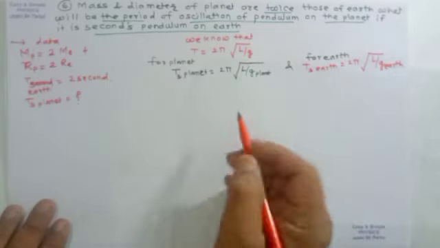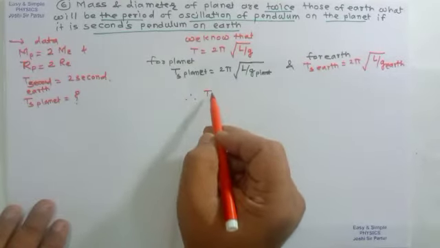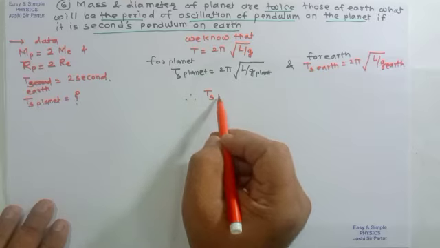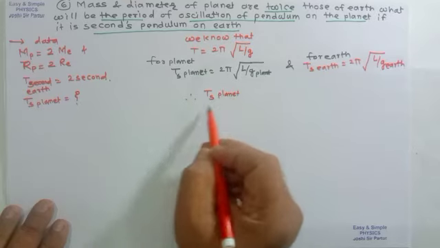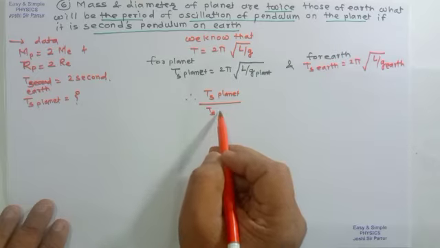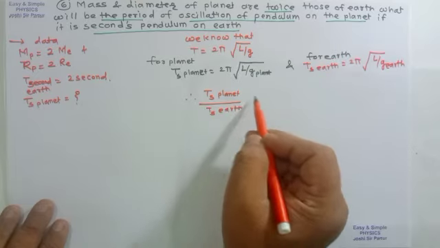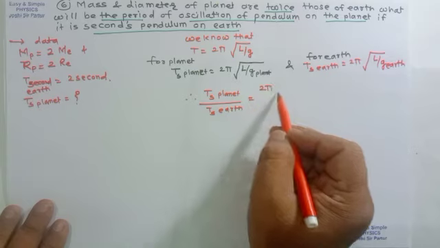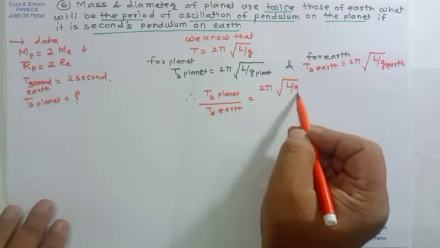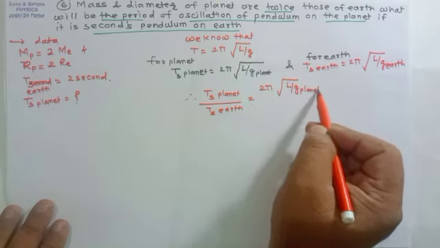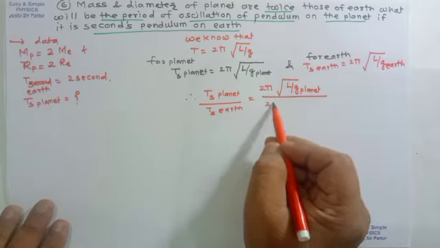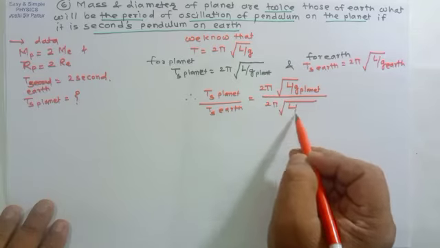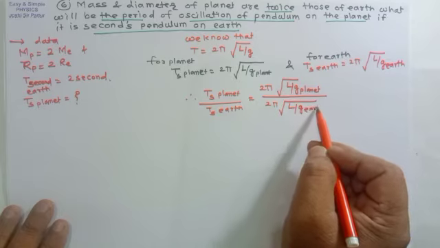If we divide, what happens? T for second pendulum on planet divided by T for second pendulum on Earth will be 2 pi square root of L upon g planet divided by 2 pi square root of L divided by g Earth.